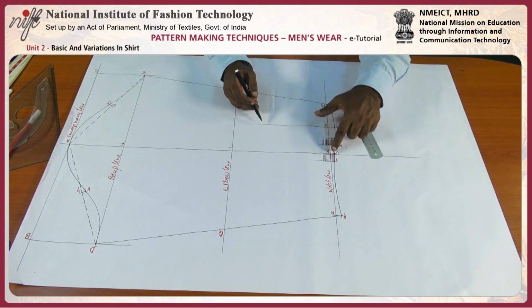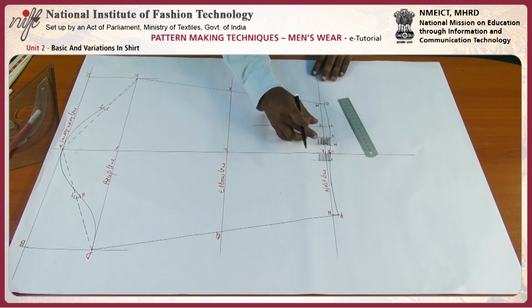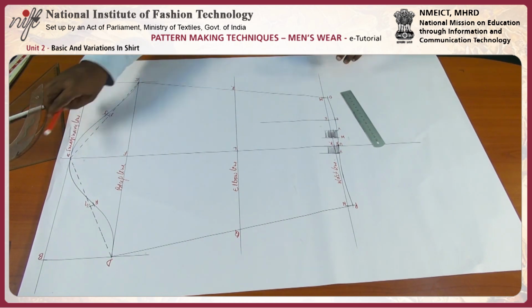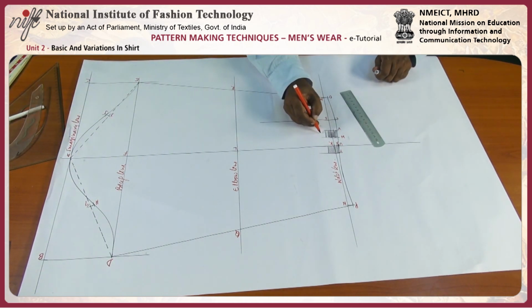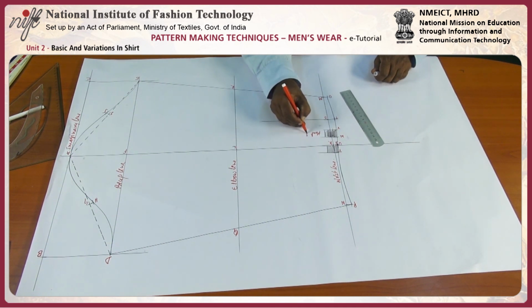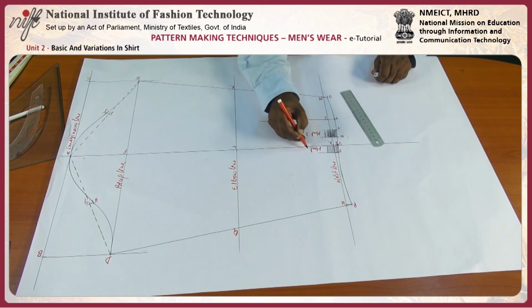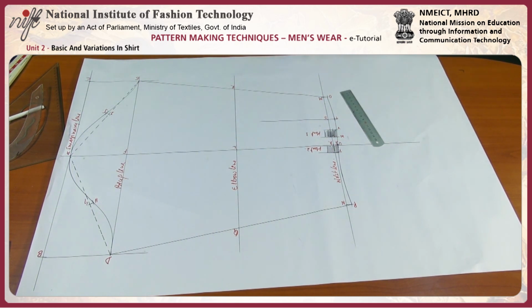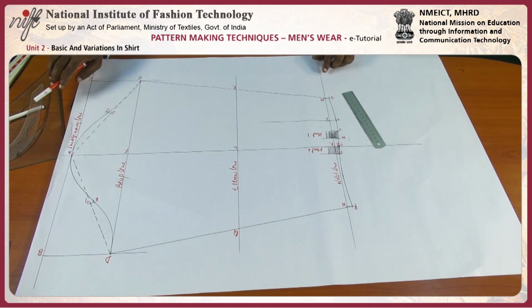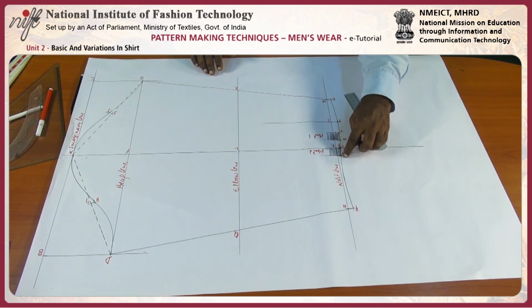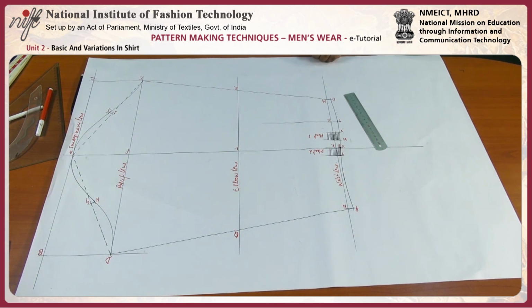This shaded area indicates that this will be pleat 1 and pleat 2. Pleat 1, pleat 2. This can also be notched later on to show the positioning.